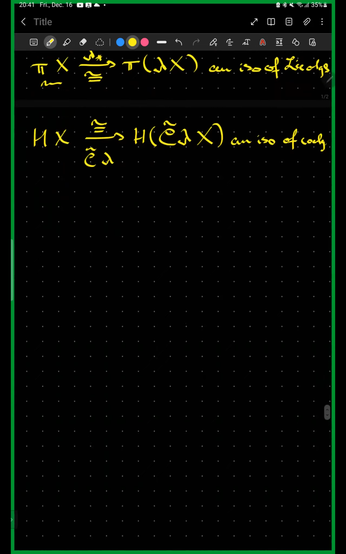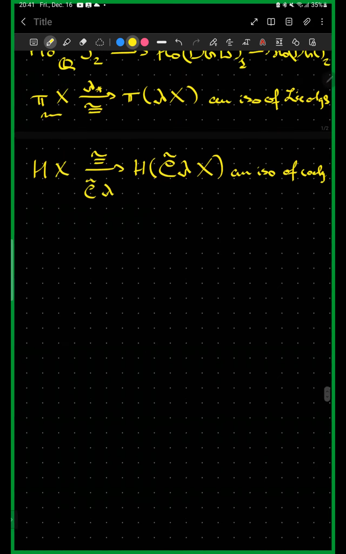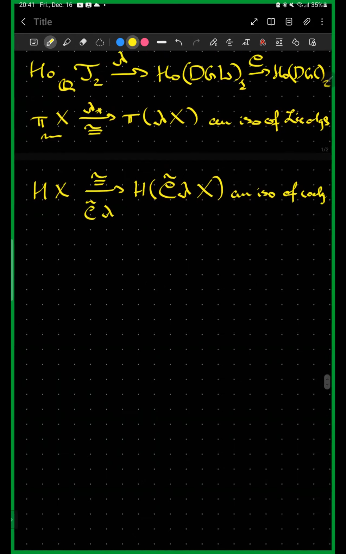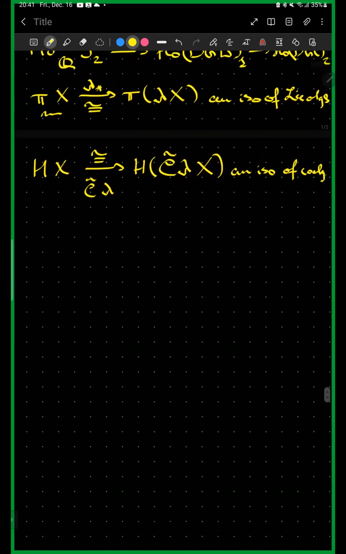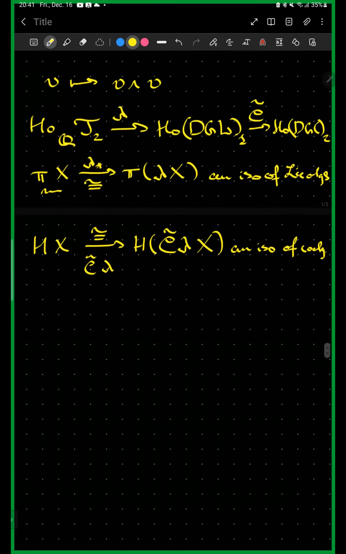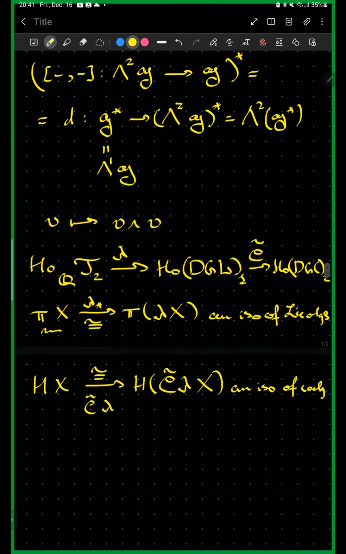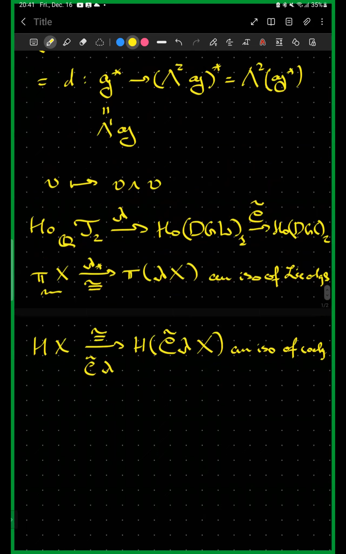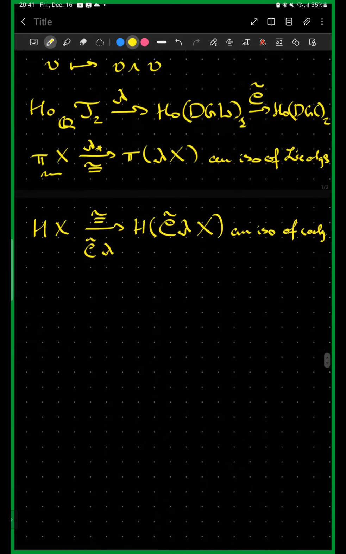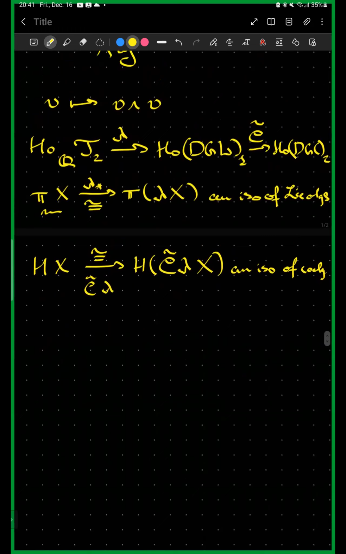You have a coalgebra structure on homology, obviously induced by the diagonal map, with coefficients in rational numbers, of course. And here you obviously have a coalgebra structure which comes from the coalgebra structure on this thing. Okay, so that's one of the main theorems of Quillen's paper.